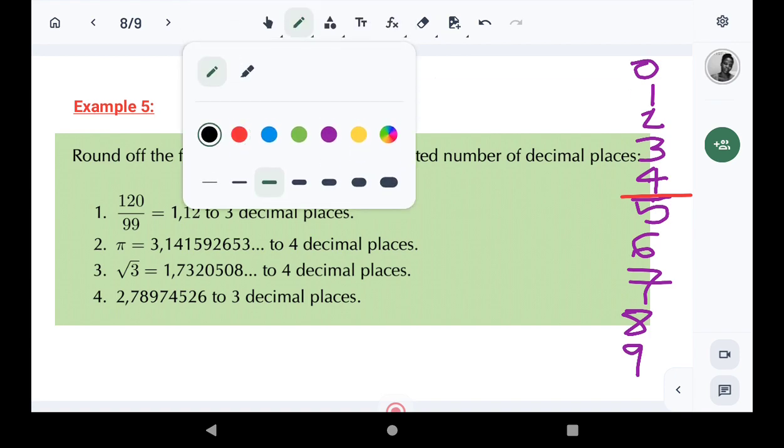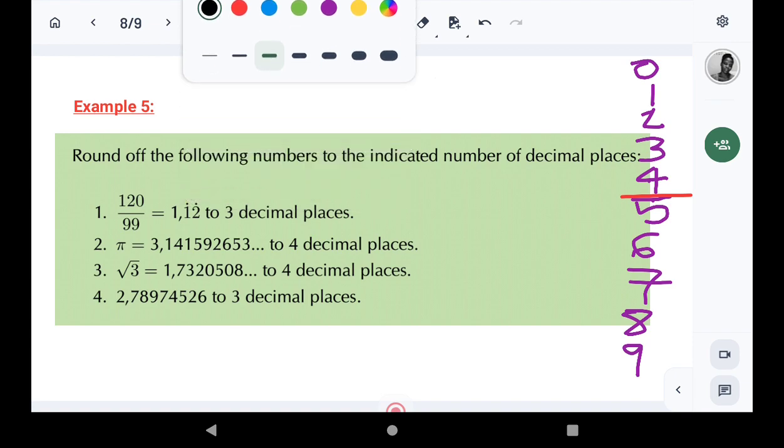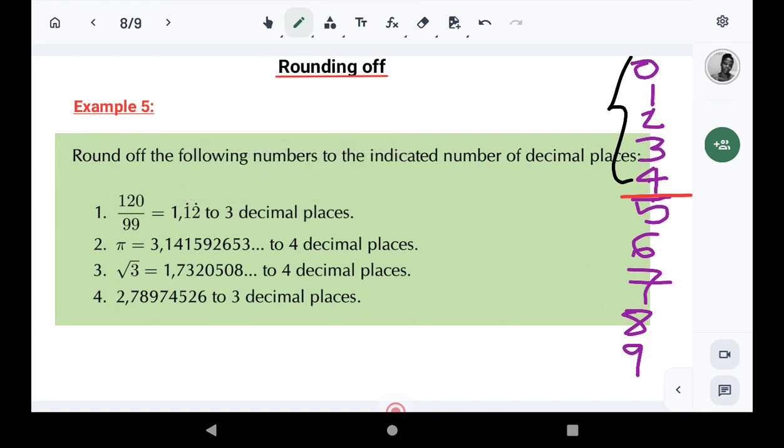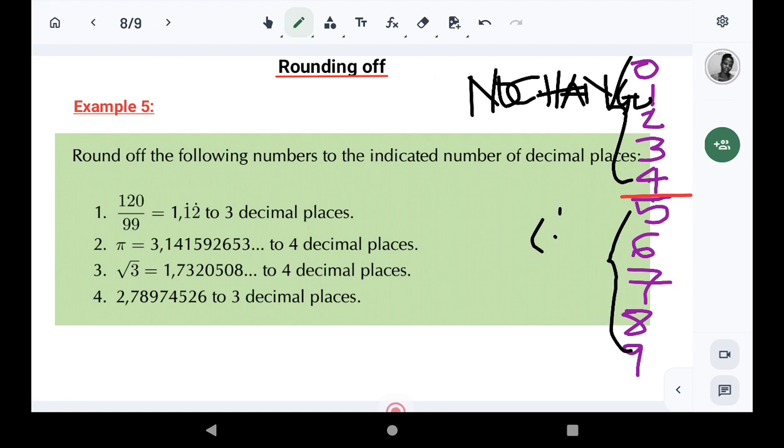Anything 4 and below is what we call the no change zone. And everything above is what we call the change zone. And you'll see exactly what that means in a moment.